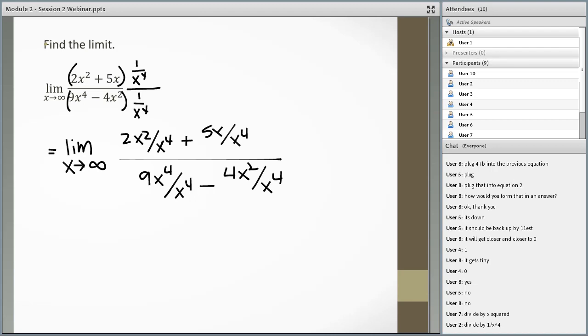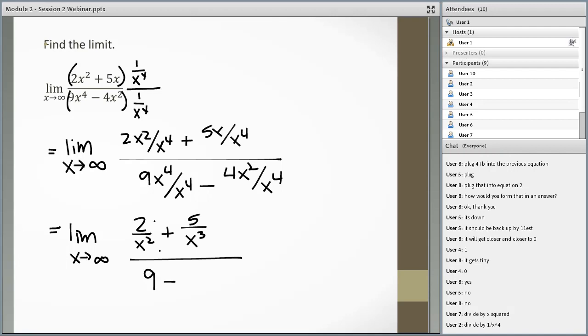So I just divided each term by an x to the fourth. And what I end up with when I simplify, I have the limit as x approaches infinity of 2 over x squared. The x squared cancels and leaves an x squared in the denominator, plus 5 over x to the third over 9 minus 4 over x squared.